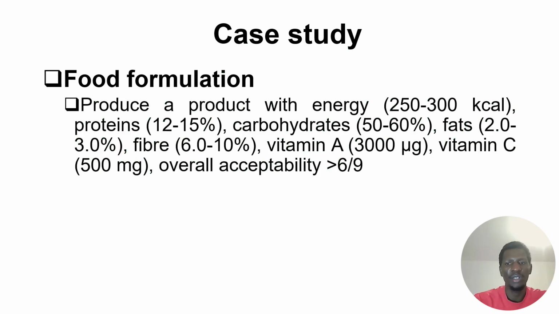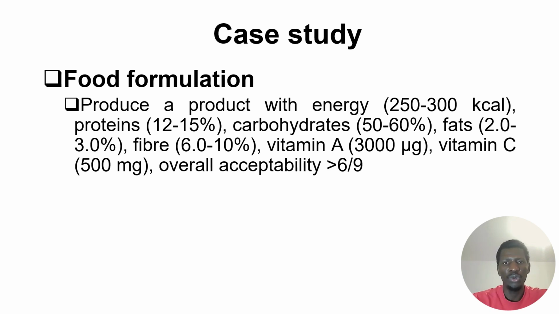Let's explain these principles using a case study. Our case study is formulating a food product which has a required energy level, proteins between 12 to 50%, and it must have a high acceptability rate.